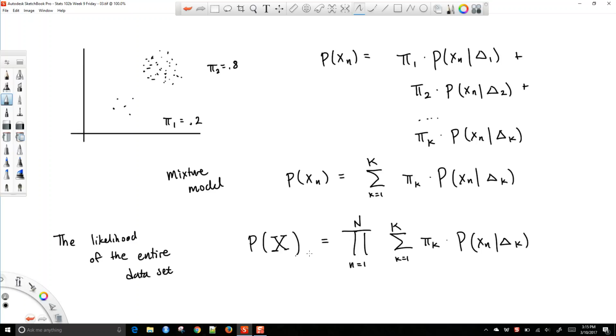Okay, so this is our likelihood. I mean, we could further define it with all of these things. All right, is this okay? This is our likelihood here.